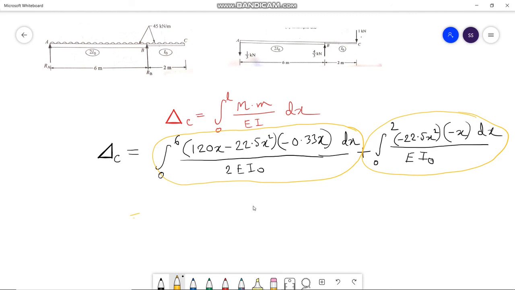So putting the details of portion AB and portion BC together, and upon further calculation, we get the deflection at point C equals minus 135 by EI0. Here, the negative value means that the deflection is occurring in the upward direction. So we have the deflection at point C equals 135 by EI0, which is happening in the upward direction.